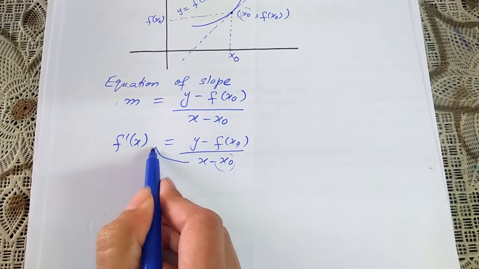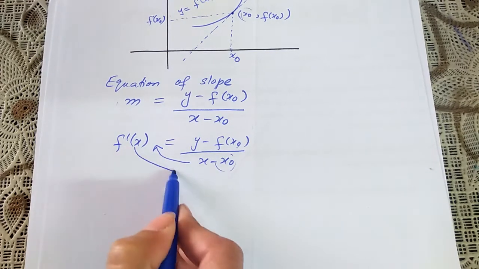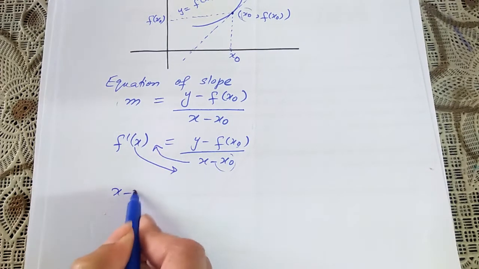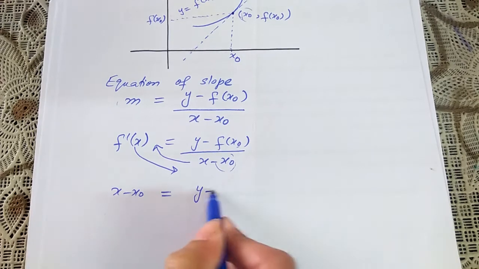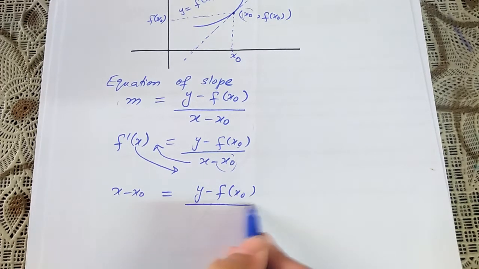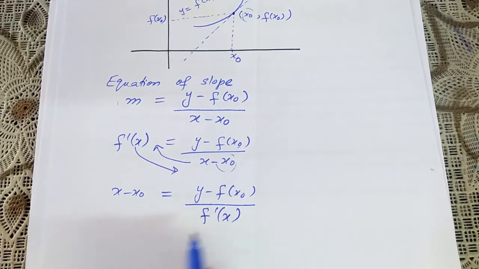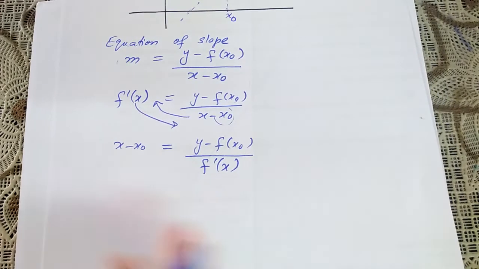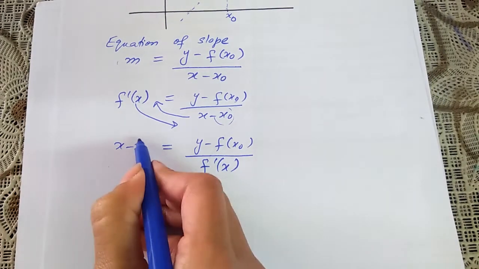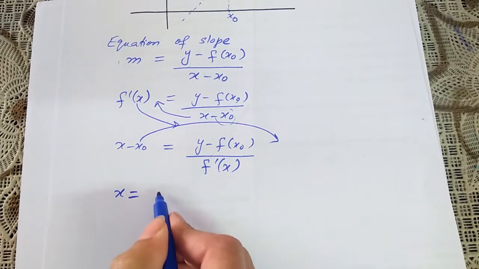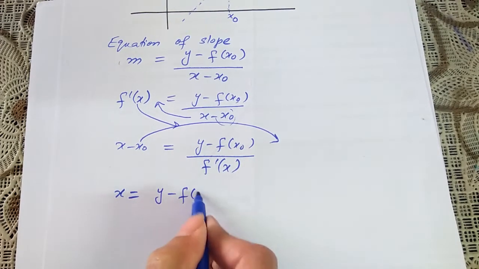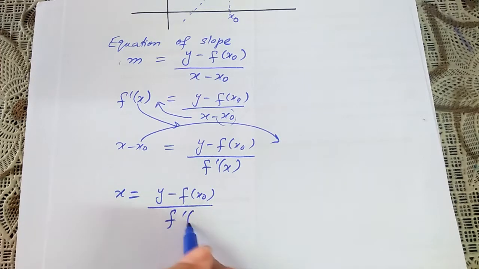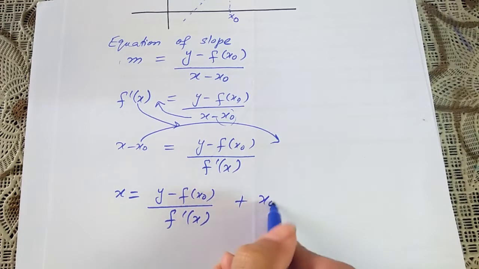I will move this x minus x0 here and f dash of x down. So x minus x0 will be equal to y minus f of x0 divided by f dash of x. Move this x0 here, x will be equal to y minus f of x0 over f dash of x plus x0.